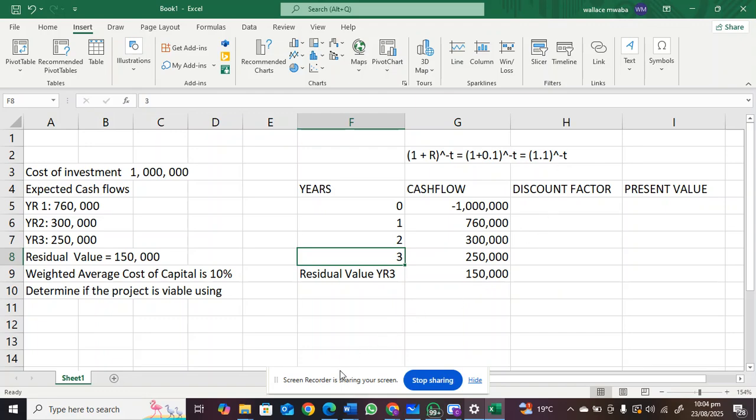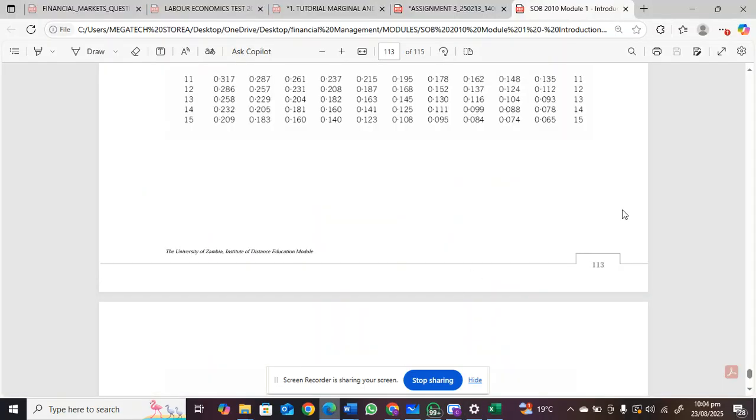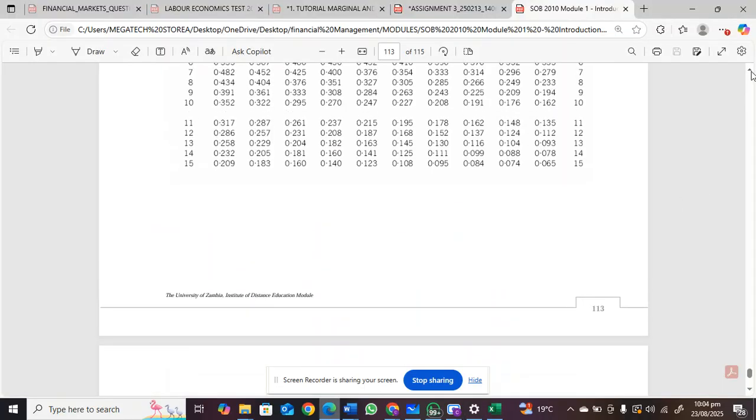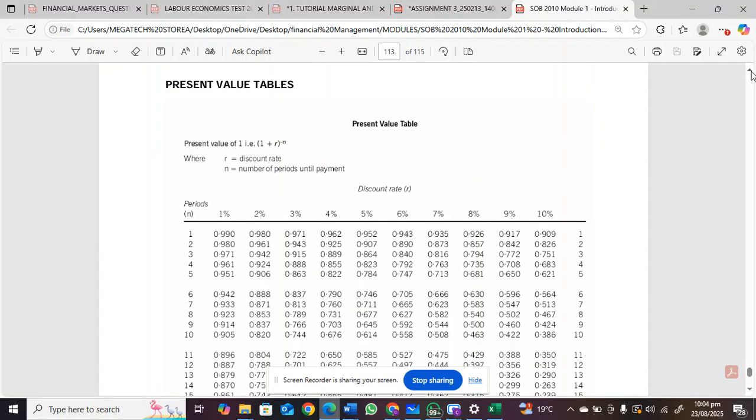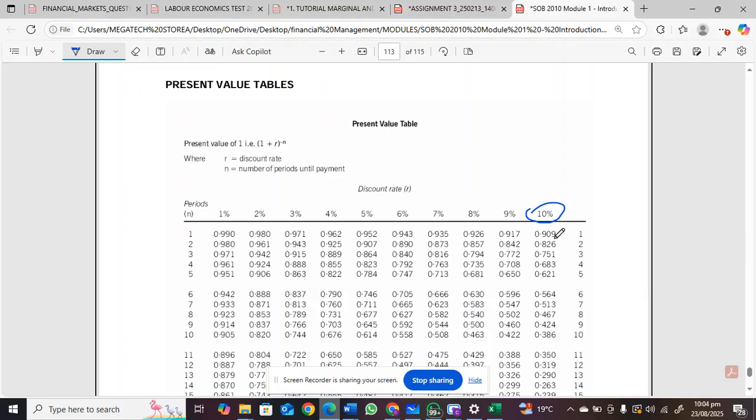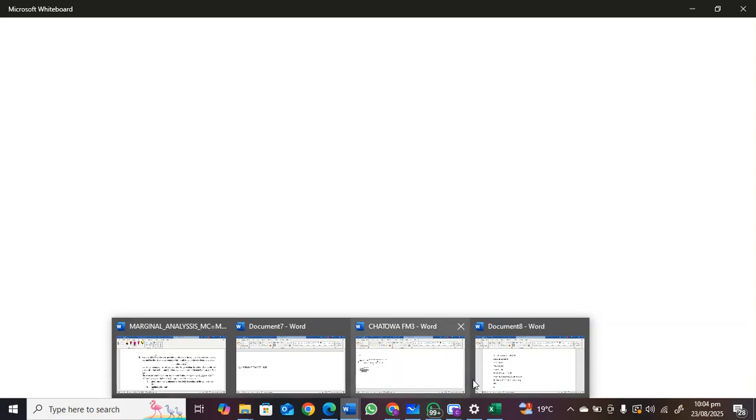But if you're using the tables, you just go on your present value table. You look for your discount rate, 10%. Okay, so let me get the values to put in Excel.